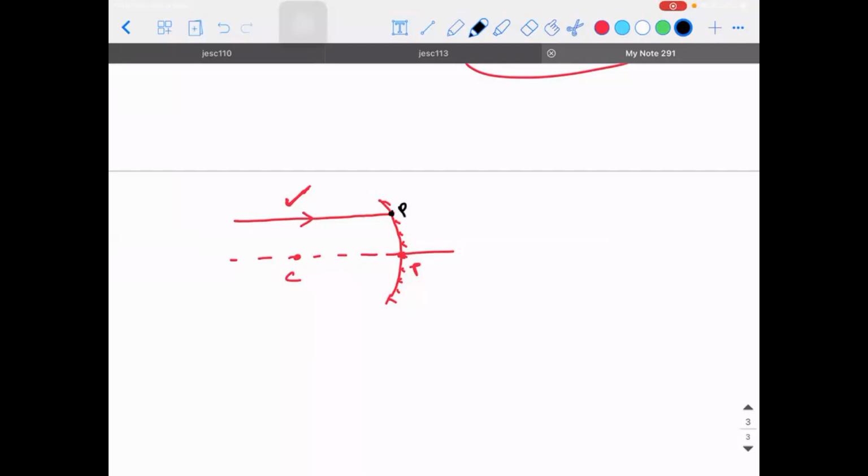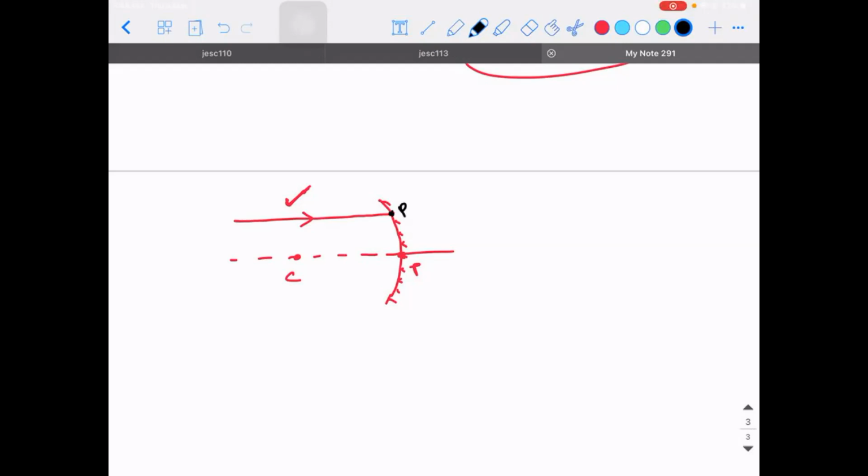Only geometry should help us. With respect to a spherical mirror, even without using a protractor or anything, how do I directly draw a normal? When we join the point to the center of curvature, it acts as a normal, sir. Very good. That's right.